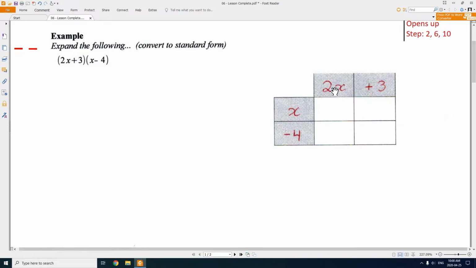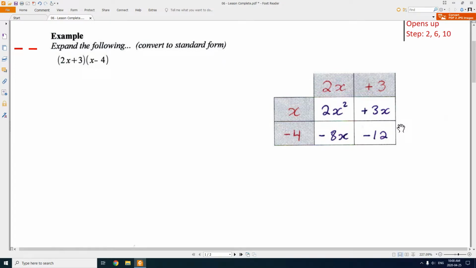In this case, x times 2x would give us 2x squared. X times 3 would give us 3x. 2x times negative 4 would give us negative 8x. And 3 times negative 4 would give us negative 12. So that's really our expanded form there in purple.